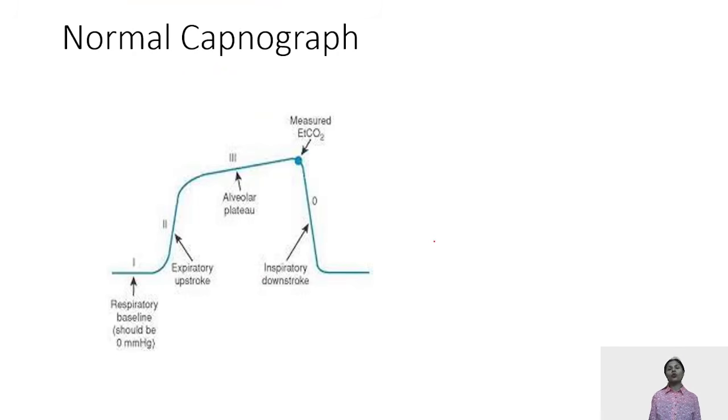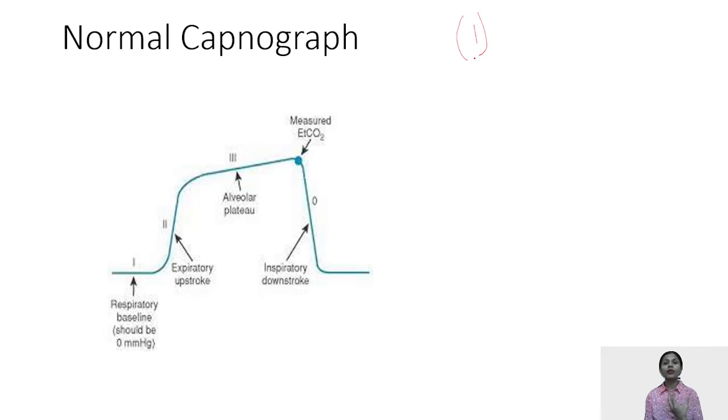Now coming to what a normal capnograph looks like. Let's revisit how the CO2 is being expired from our respiratory tract. The first thing that will be expired would be the conducting zone gases.